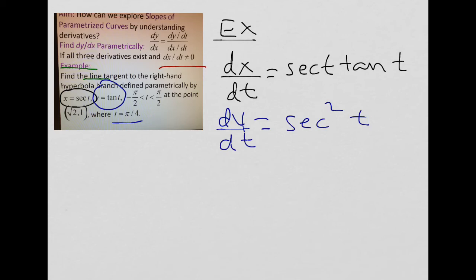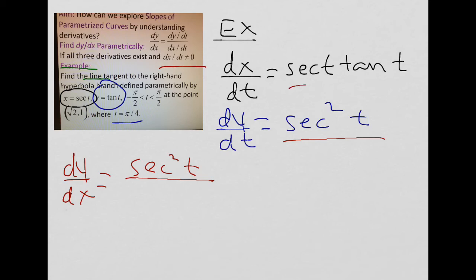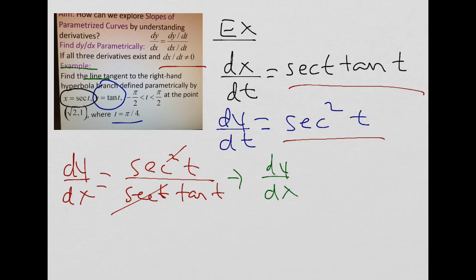So now, dy over dx is when we take our dy over dt and divide it by our dx over dt. And we can cancel factors. And that means that dy over dx is secant of t over tangent of t.